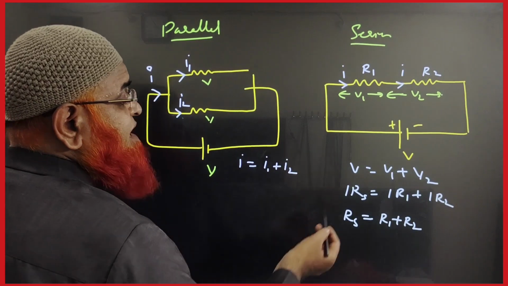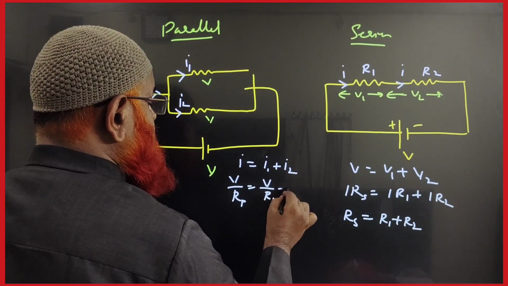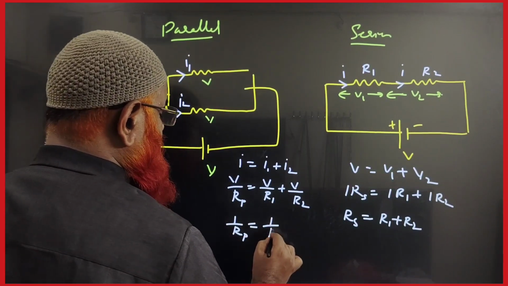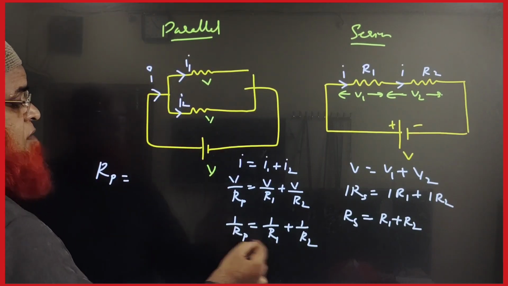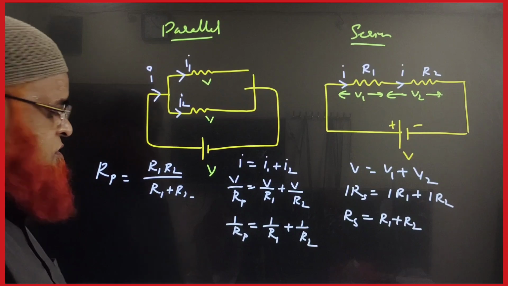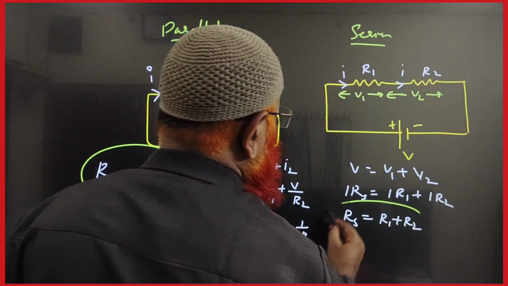Here, I is equal to V by R, so V by R parallel, V by R1 plus V by R2. Potential is same here, so it gets cancelled. So parallel connection is nothing but 1 by R parallel is 1 by R1 plus 1 by R2. If you take LCM, R parallel becomes R1 R2 by R1 plus R2. So this is going to happen in the case of parallel connection and in the case of series connection.